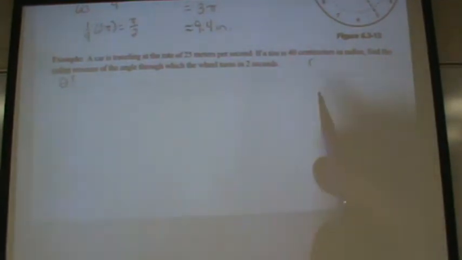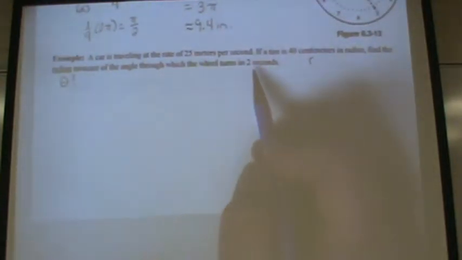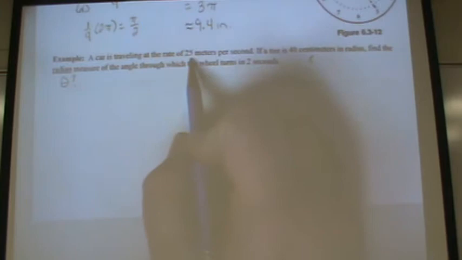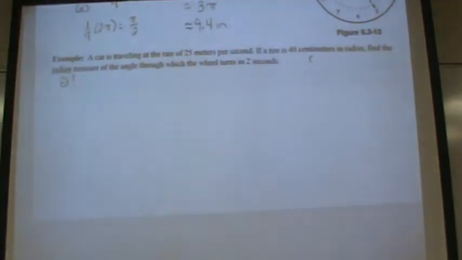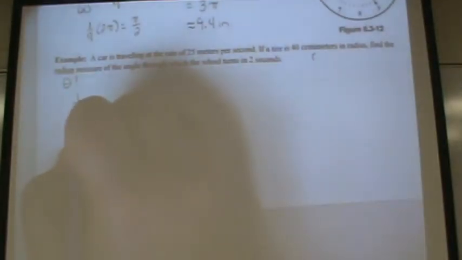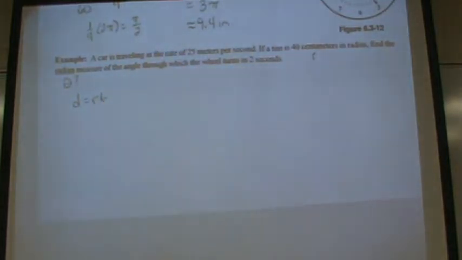So we're given an R, and we're given some other information, so we have to find L. To find L, we're given a rate and a time. The rate is meters per second, and we're given that it's turned for 2 seconds. To find distance, we can remember that distance equals rate times time.